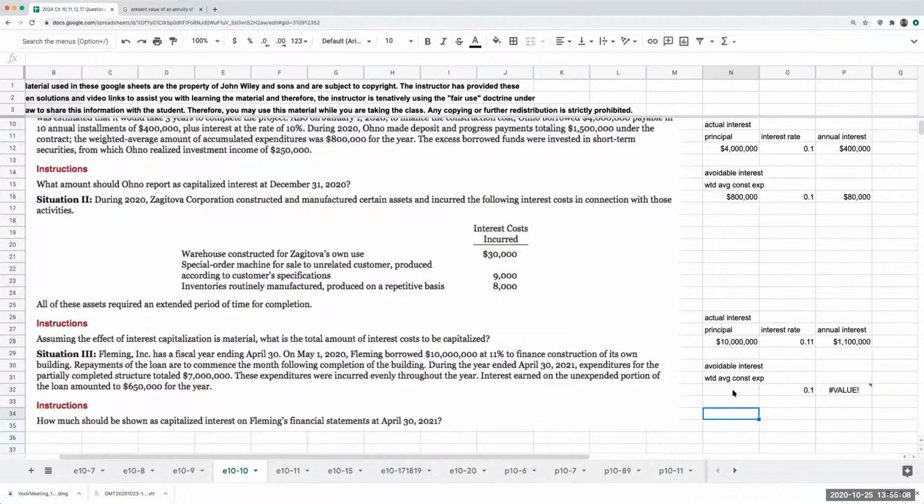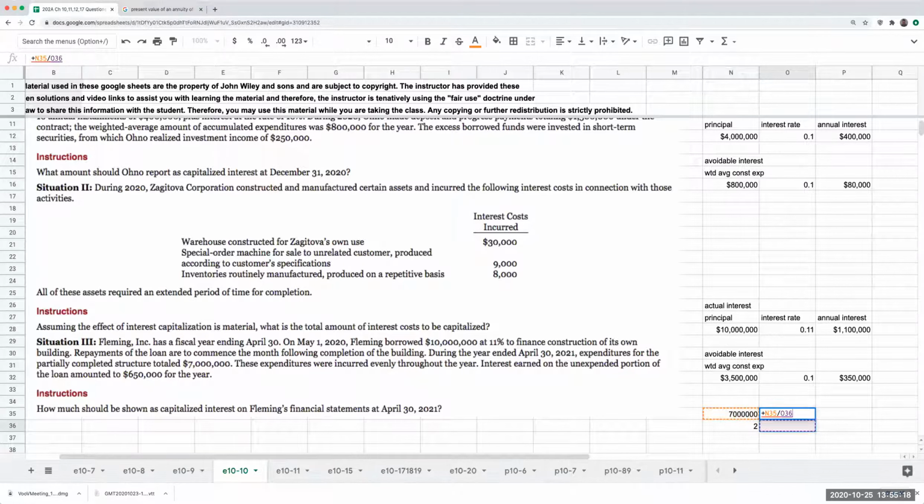So my weighted average construction expenditures are going to be 3.5 million, and it's because these were being incurred evenly throughout the year. So that's where I'm getting this value here. This is going to be at 11%, for a total over here of 385,000.